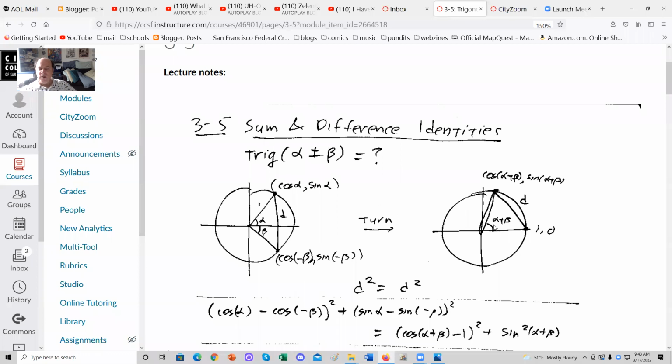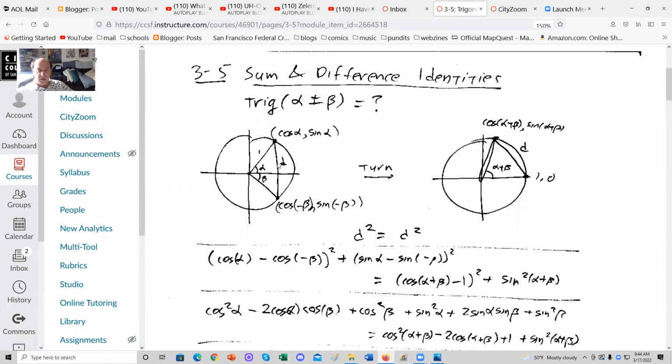Now, since these are just rotated, all the lengths should be the same. In particular, this length here, between here and here, d, should be the same as this length d between here and here. So, same lengths, so their squares are the same. D squared equals d squared. Now, the square of a distance equals the sum of the squares of the differences of coordinates. So this d squared will be this minus this, squared, plus this minus this, squared.